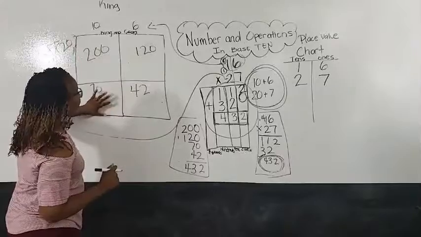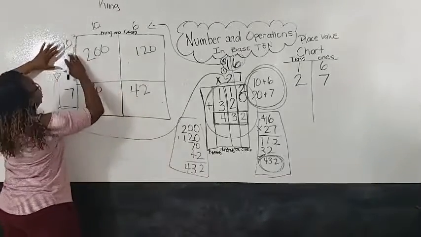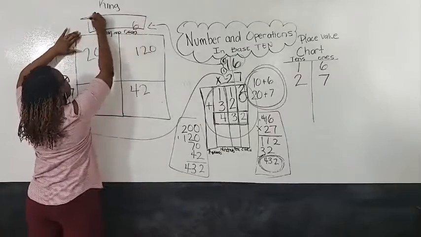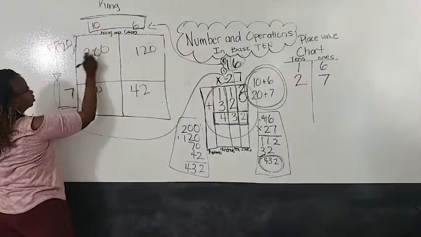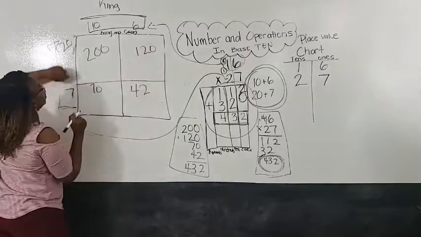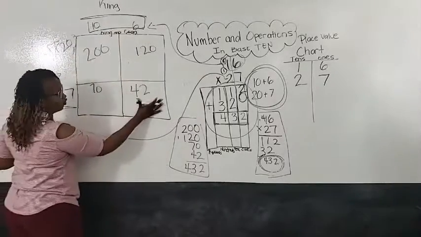And just to go back, for anyone that I confused along the way, like I confused myself, I want you to make sure that you are keeping these kings and queens in mind at the top, right? And they're being multiplied by everything. So 10 times 20, 200. 6 times 20, 120. Okay? 10 times 7, 70. And then 6 times 7, 42.